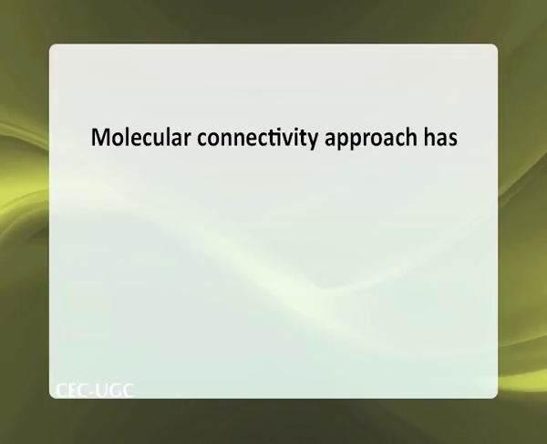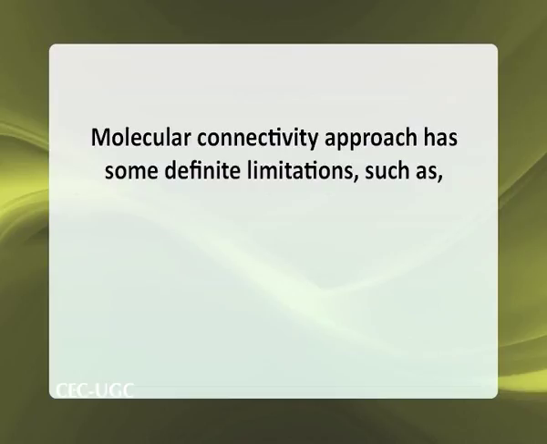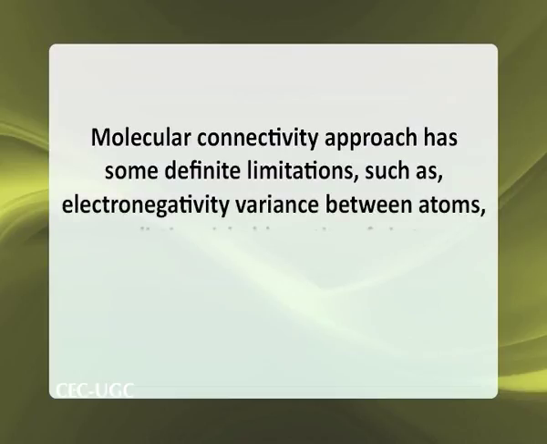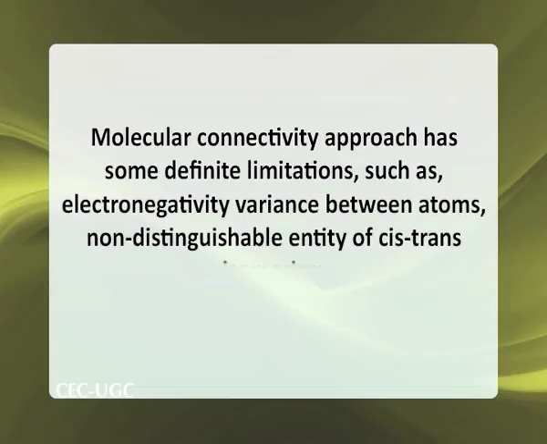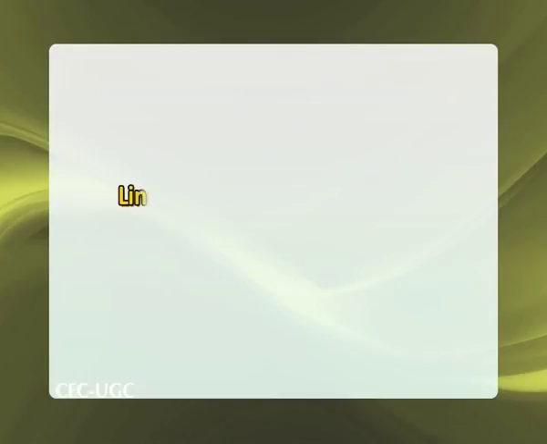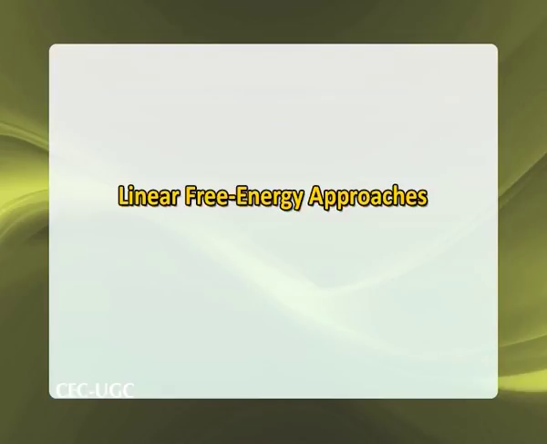The molecular connectivity approach has some definite limitations, such as electronegativity variance between atoms and the non-distinguishable entity of cis-trans isomerism. And fourth one is the linear free energy approach.